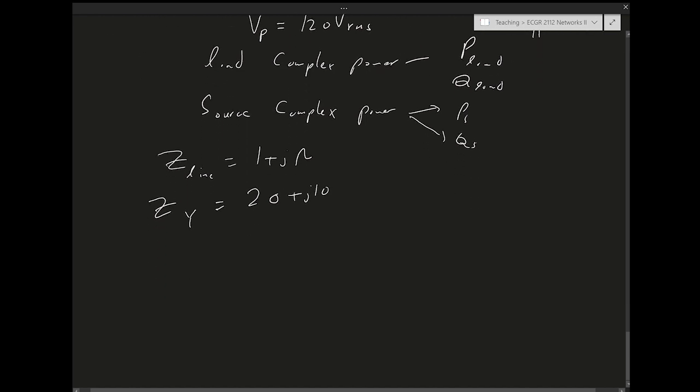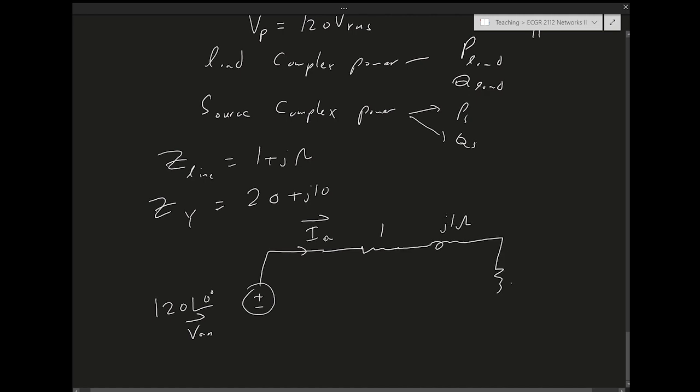We know that we can solve it by solving a single phase. So that's going to be 120 at 0 degrees, that's VAN. Then IA, and then the line impedance 1 plus J1 ohms, and then one phase of the Y load, 20 plus J10, right?